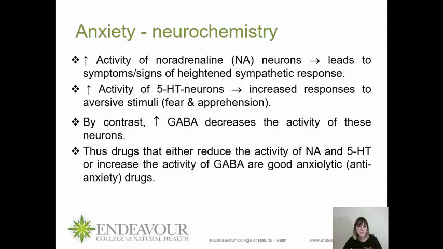Now, in practice, we really just use those that increase the activity of GABA in short-term acute relief of anxiety. And in fact, we use drugs that end up increasing noradrenaline and serotonin slightly to help treat anxiety in the longer term. That would be antidepressants that we'll look at more for their treatment of depression, which sounds a little bit paradoxical at first, but you can sometimes get those situations arising when you're looking at neurochemistry.